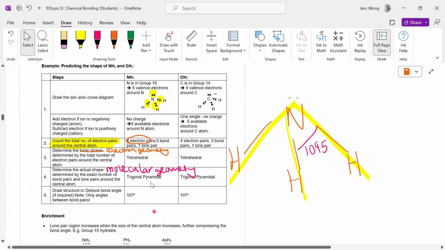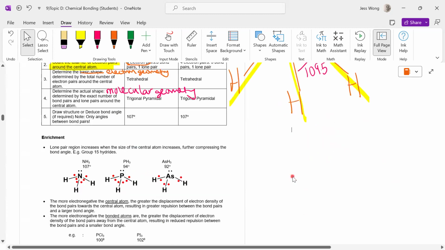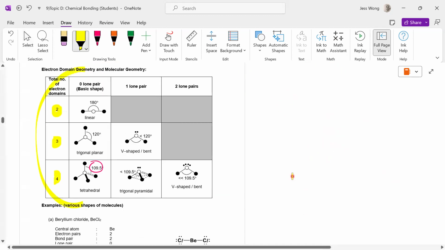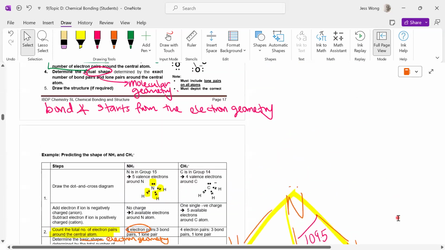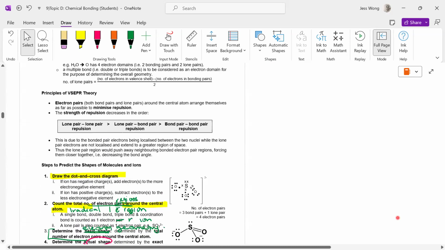Now, I'm going to look at the bond angle. Before I look at the bond angle, I know I start off from 109.5 because the electron geometry says so. So how do I adjust the bond angle, and why must I adjust the bond angle? It's because of this portion here.